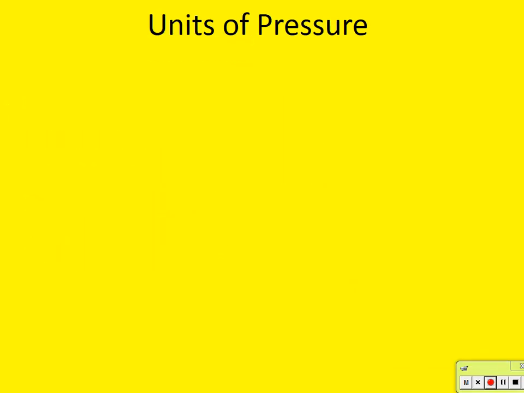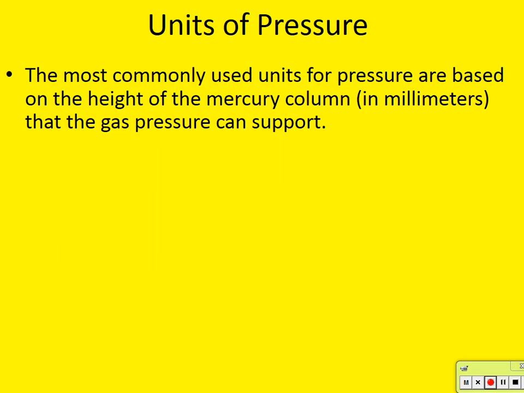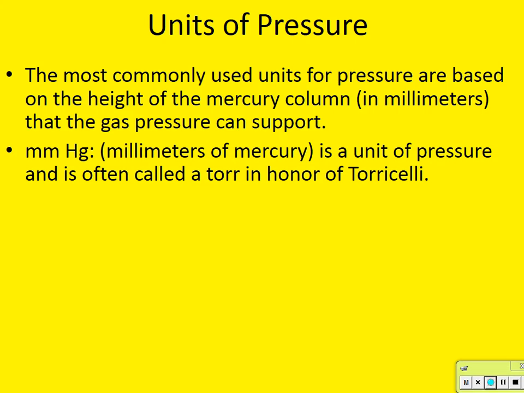Okay, units of pressure. This is where it gets a little complicated because there's a lot of different units for pressure, isn't there? So the most commonly used units for pressure are based on the height of the mercury column in millimeters, like we just showed you, that gas pressure can support. Millimeters of mercury is one unit of pressure. mmHg.